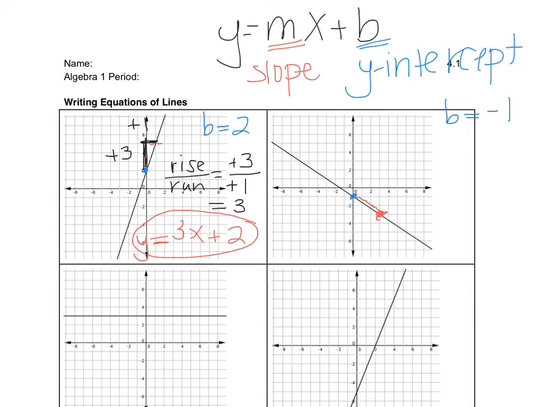So if I start at my y-intercept, I went down 2, and I went to the right 3, so that's plus 3. So my rise over run, or my slope, is minus 2 over positive 3. Well, a negative divided by a positive is just a negative, so negative 2 over 3, which makes my equation y equals negative 2 over 3x minus 1.